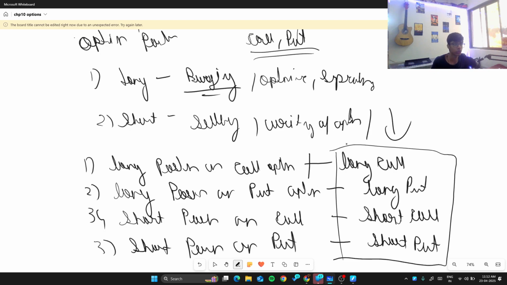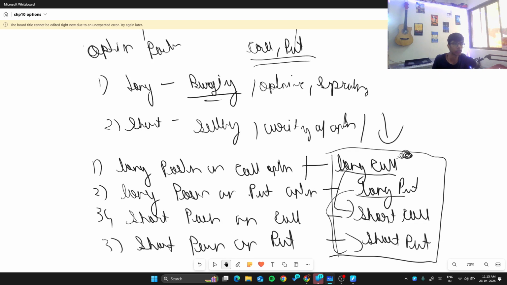Let me tell you, the payoff diagram of a long call is the opposite of a short call, and a long put is the opposite of a short put. You will understand it if I draw it.